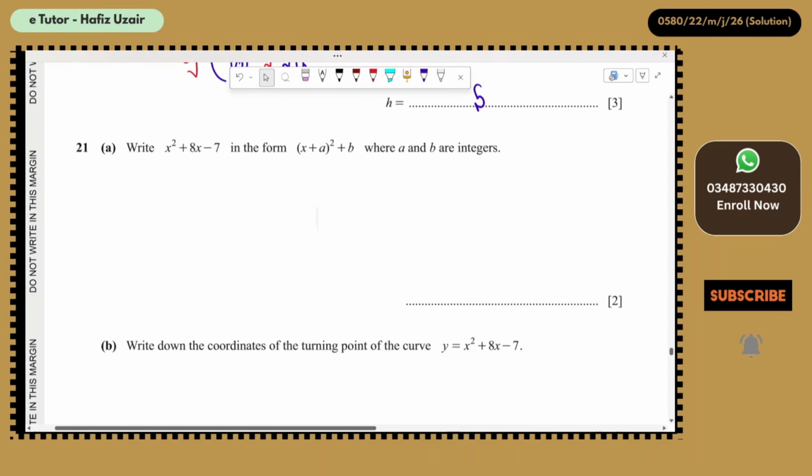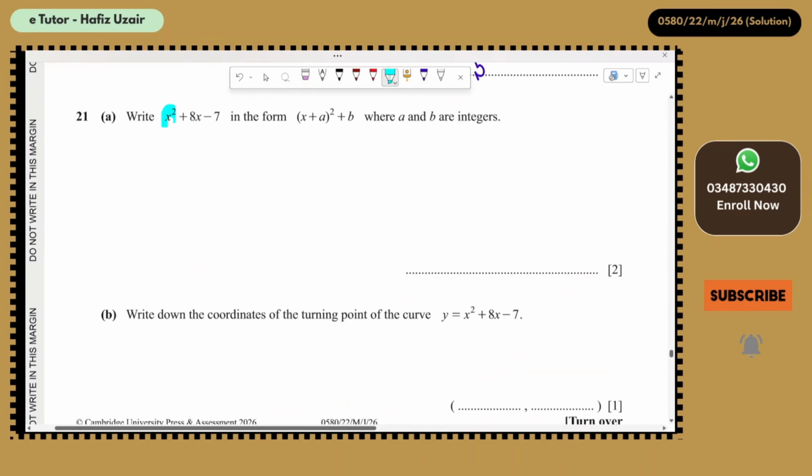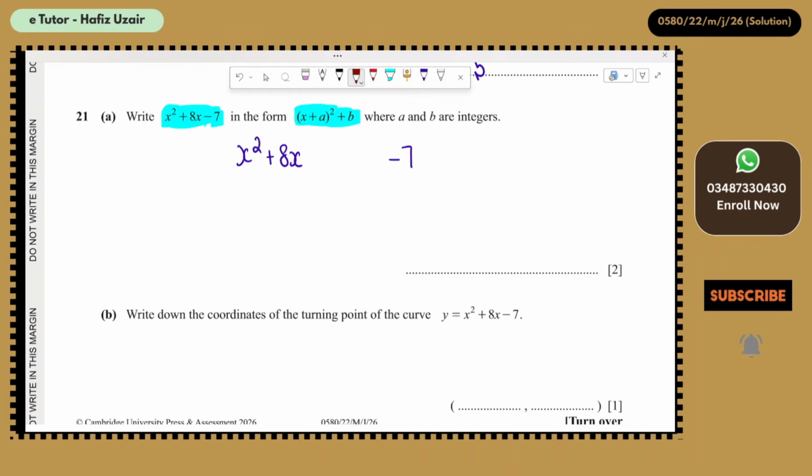Now question number 21a, you need to write x square plus 8x minus 7 in this form. Simply write this expression as it is, x square plus 8x, give a little space, then write minus 7. Now take half of the middle term, so if you take half of 8, that will be 4. So add 4 square and subtract 4 square.